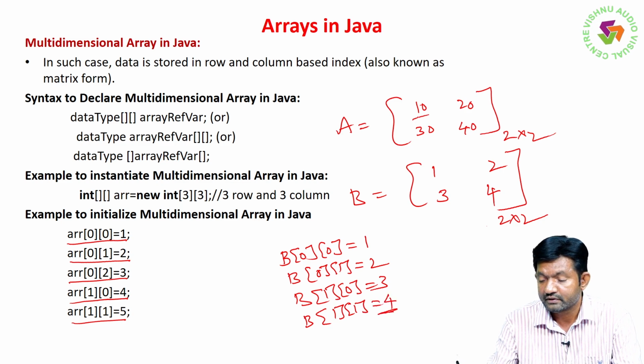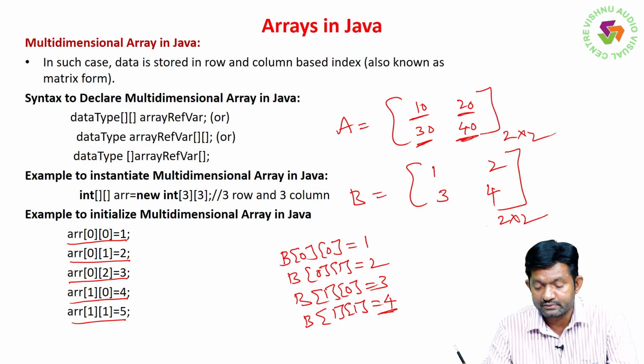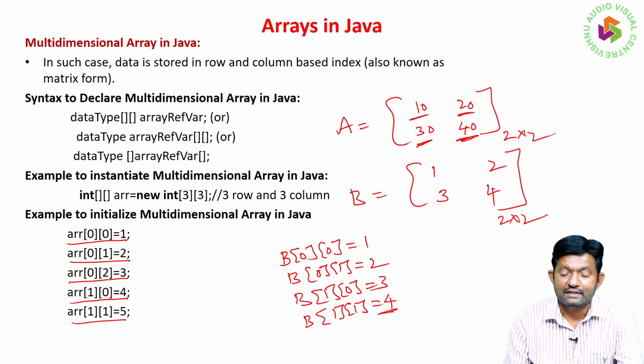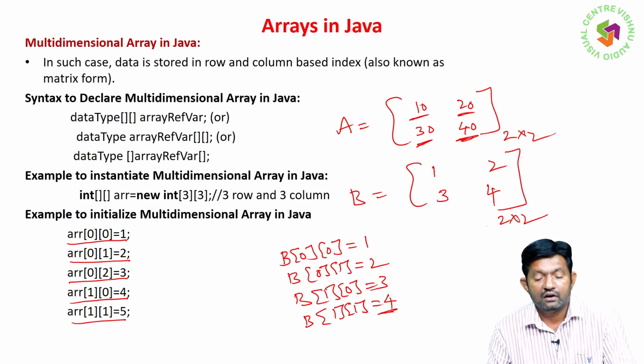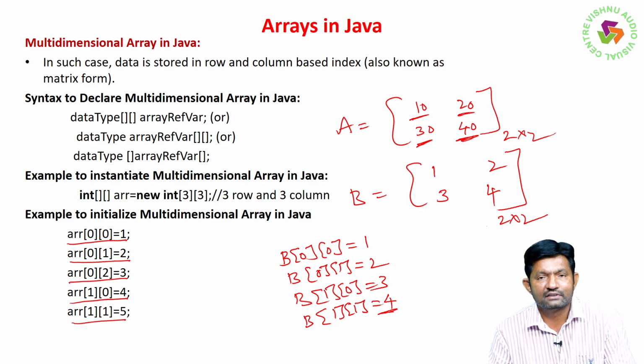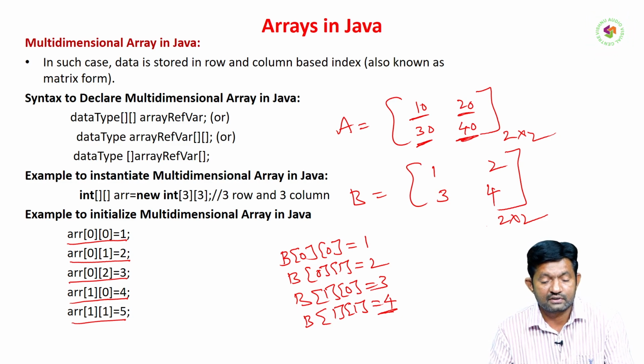Like that, A of 0, 0 is 10, A of 0, 1 is 20, A of 1, 0 is 30, and A of 1, 1 is 40. If you know these concepts, now we'll go for the syntax to declare a multidimensional array in Java, how to traverse a multidimensional array, and how to print multidimensional array elements, with some examples.